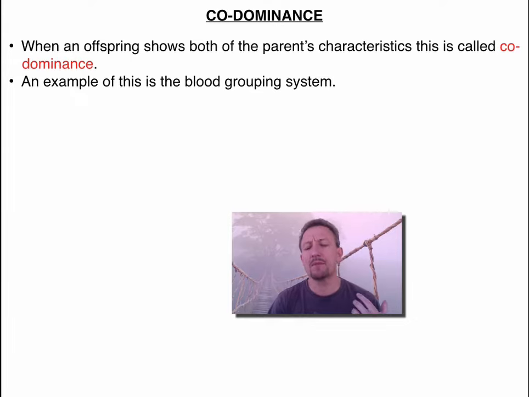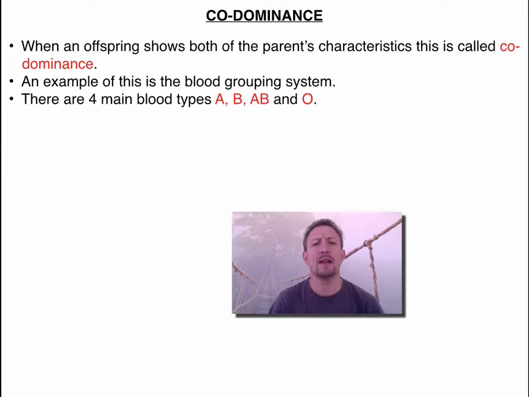Now one of the best examples for this is the blood grouping system. In the blood grouping system we've got four main types of groups. Your blood group could be an A group, it could be a B group, it could be AB, or it could be an O group. Now these are controlled by a variety of different alleles.